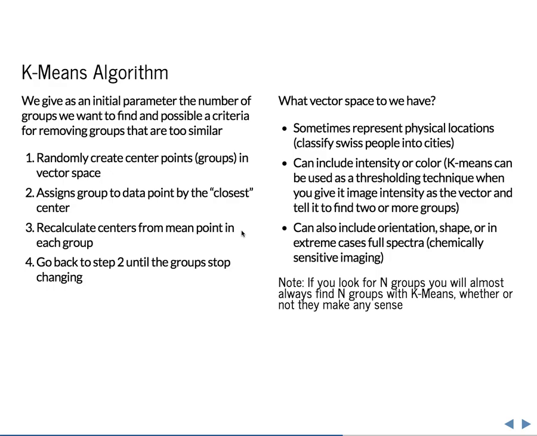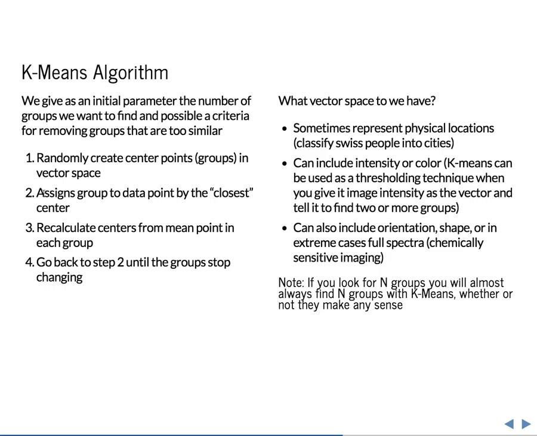And what does it actually do? Basically the algorithm creates center points, so groups in vector space. Often this is done by randomly picking points as being a center, and starting with that initial condition. You then assign groups to data by the closest center.